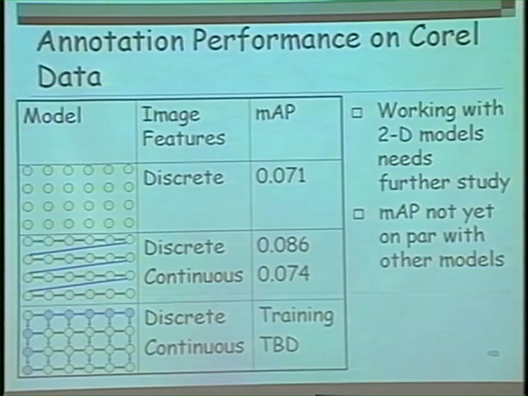It's a p-value of 0.051, so not quite statistically significant. So what can we conclude from this? Well, we need some work on 2D models. The training time is prohibitive, and we don't have yet mean average precision that comes close to the other models.